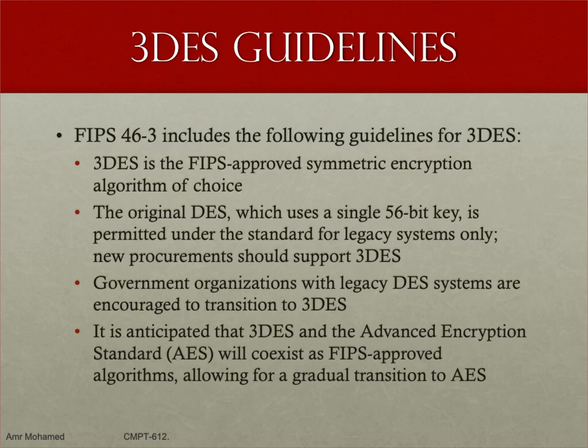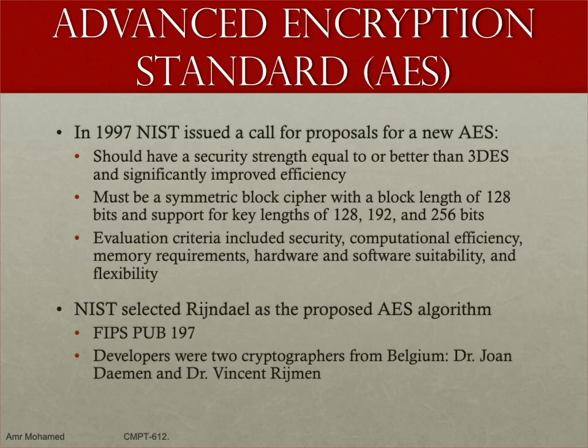And many proposals have been trying to achieve that objective, and that's when we came up with the AES. So we'll talk about this today. Okay, so that's the AES.